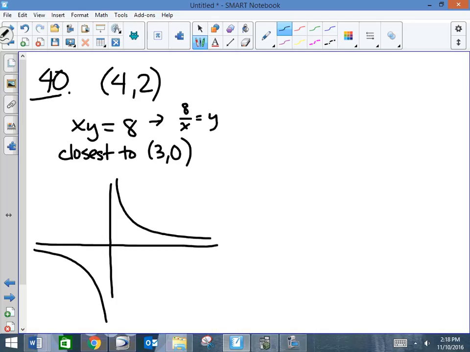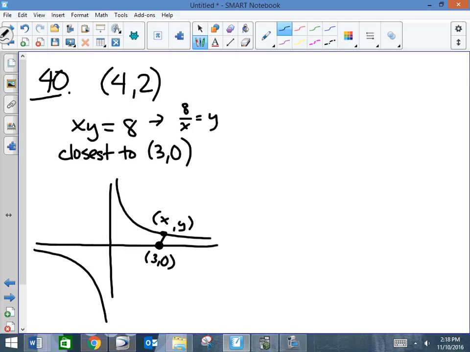Okay? 3, 0 ends up being where? 1, 2, 3, about right here. So we want to find this distance, and what are you calling it?